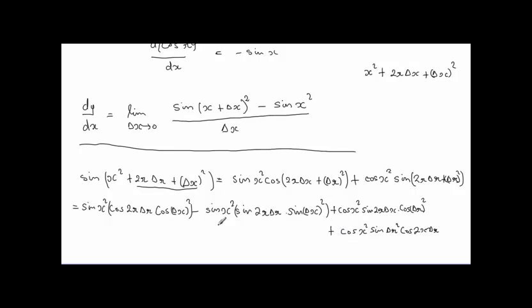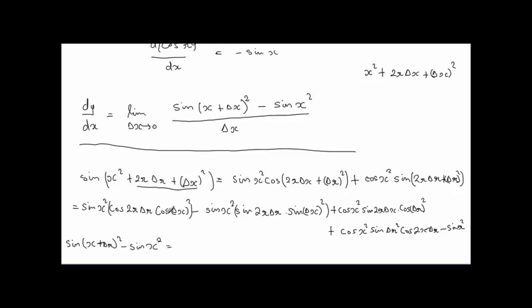So now I'm going to try to simplify some terms. We have to calculate sine of (x plus delta x) all squared minus sine x squared, which means from this expression we must subtract sine x squared. If at the end of this row we subtract sine x squared, let's see what's going to happen.